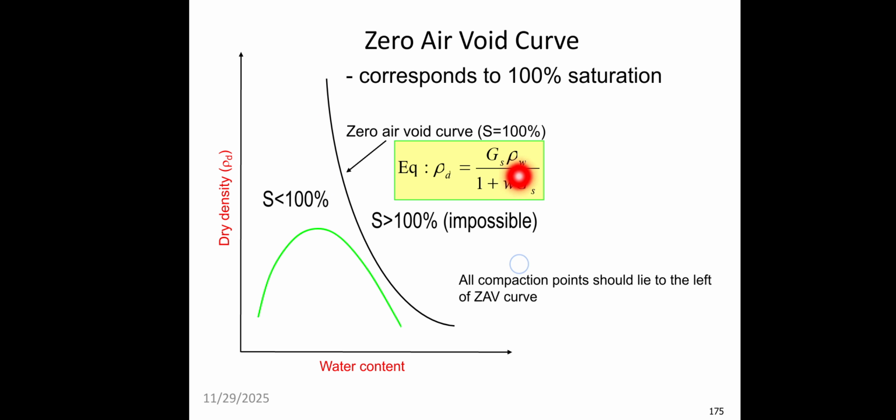For that we require G into gamma W divided by 1 plus wG by S, a standard equation, where S is 100% saturation, so that value will be 1, and all compaction points will join like this. So this is one aspect we can learn here in the zero air void line.